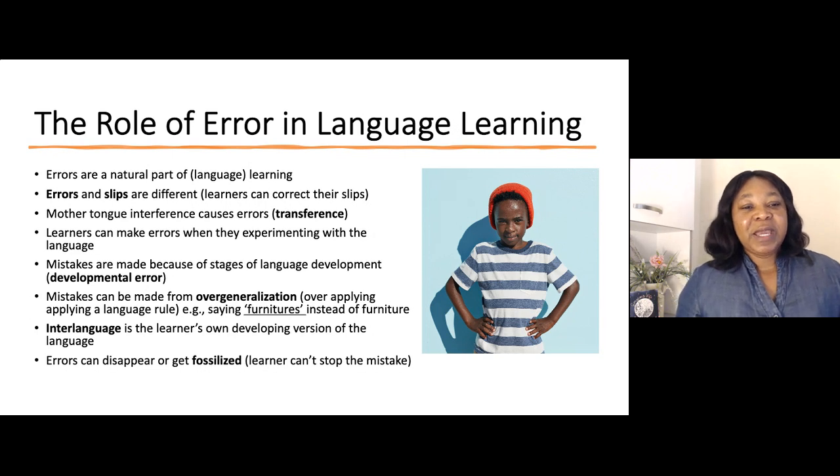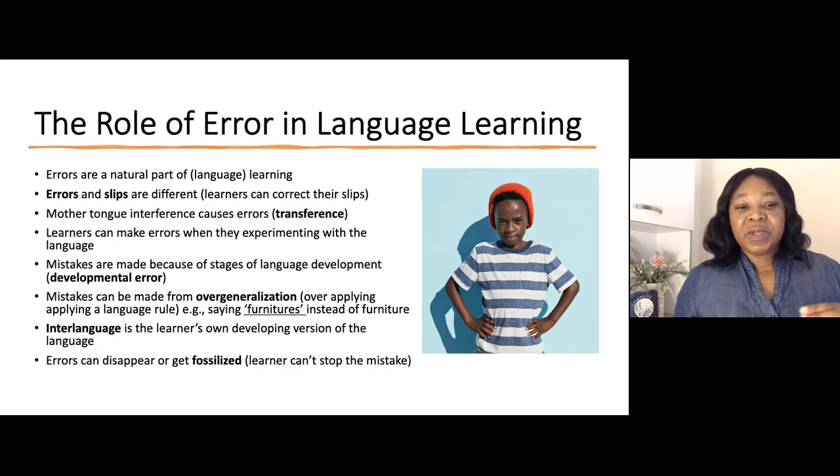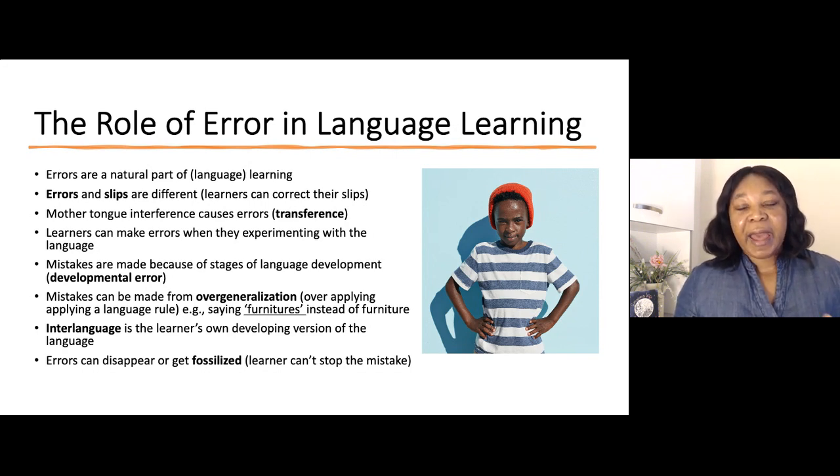Okay. Now, in the mother tongue, sometimes we have what is called mother tongue interference, which is called transference. Transference or interference. So, for example, a teacher is pronouncing the word ham, harm, and they are pronouncing it as arm because of mother tongue interference.